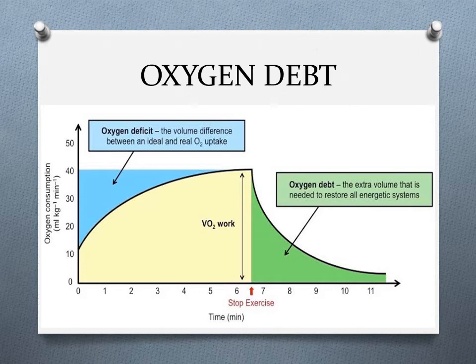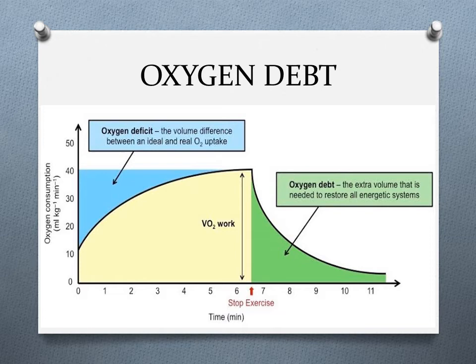Now, as the exercise has stopped, the demand of the body has decreased, but the body goes on taking oxygen, meaning the person breathes fast and deep and takes oxygen into the body. Why? This oxygen is used to replenish the ATP and remove the lactate that has been deposited in the body during anaerobic respiration.